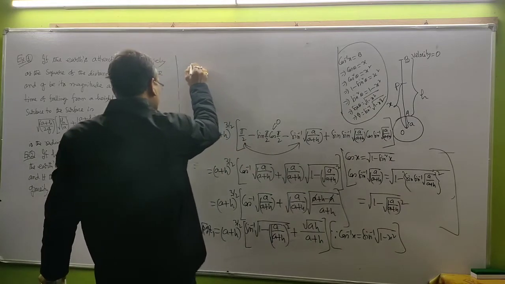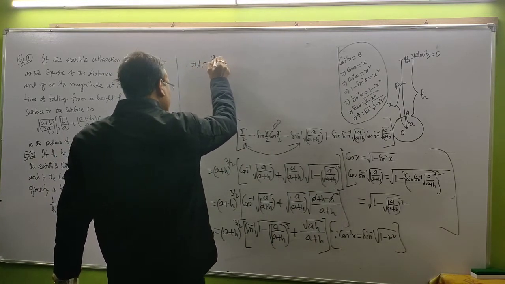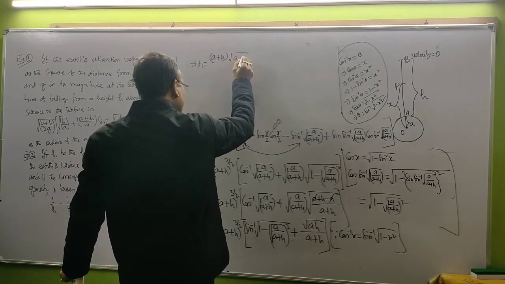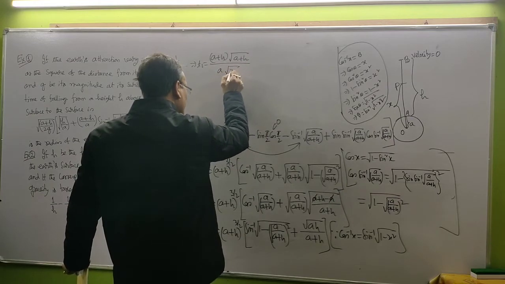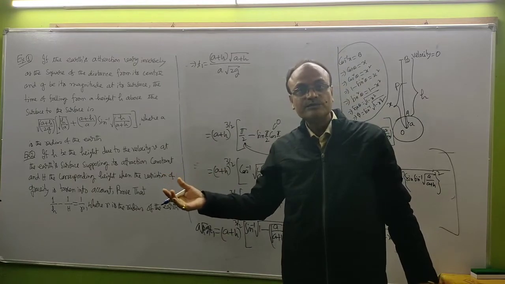t1 equal to A plus H whole to the power 3 by 2 can be written like this. A root over twice g. Can I write A plus H whole to the power 3 by 2?